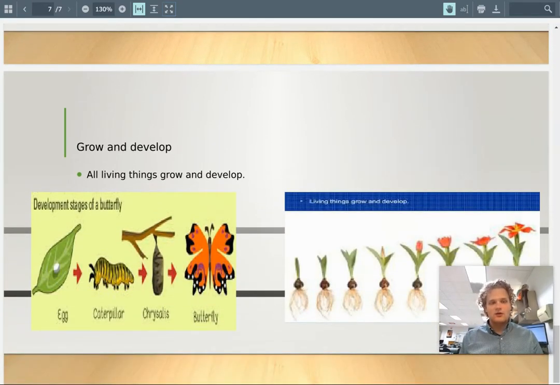We got our last one, grow and develop. So living things are going to grow and develop over time. And single cellular organisms are going to reproduce and make colonies and get bigger and bigger, whereas multicellular things maybe start out as an egg and then hatch into a caterpillar, go through the phase of becoming a butterfly.